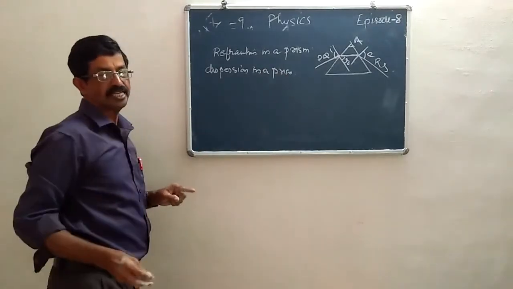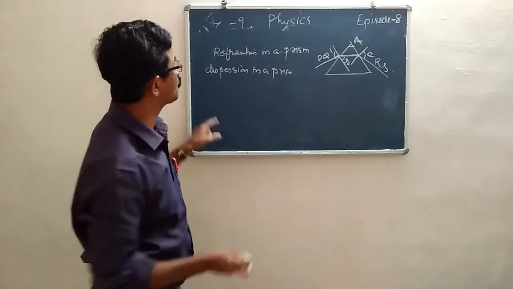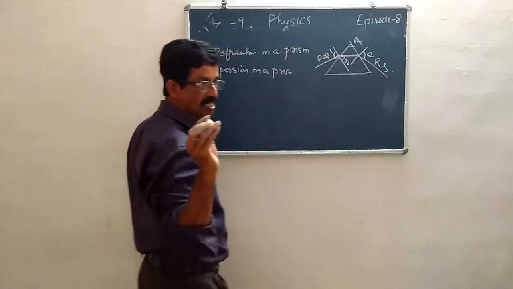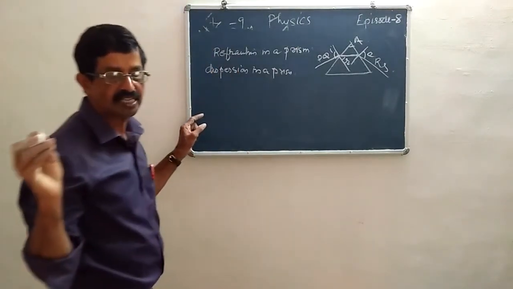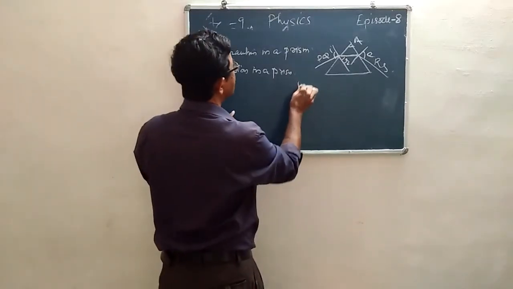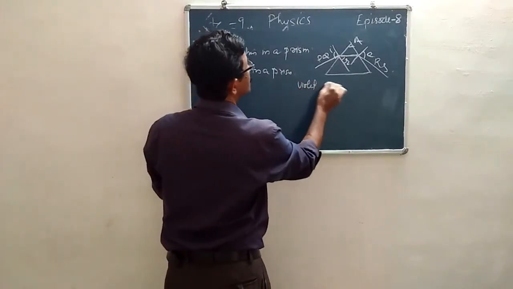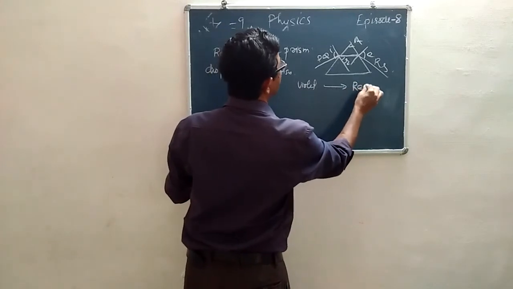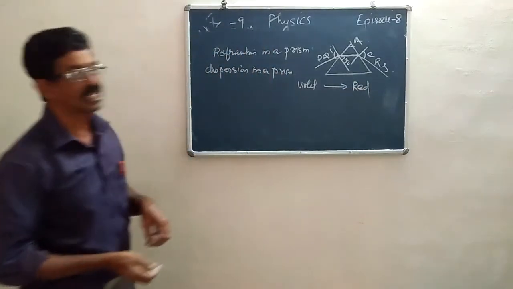When white light passes through a prism, it is split up into different colors. Which are the colors we obtained? The colors we obtained are from violet to red. Why are these colors separated?